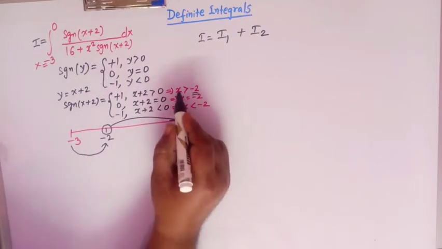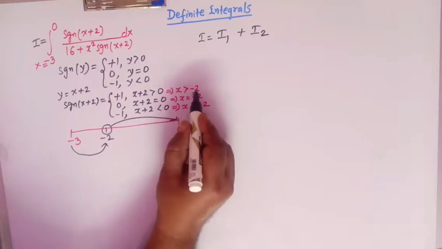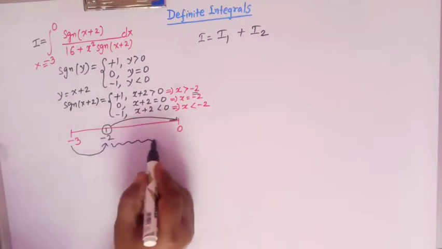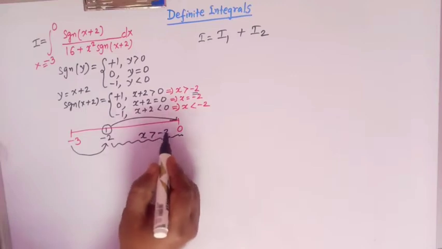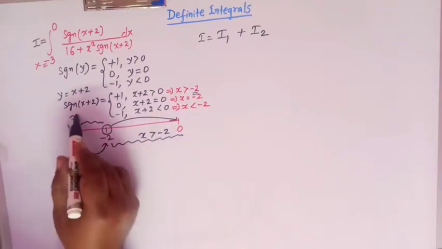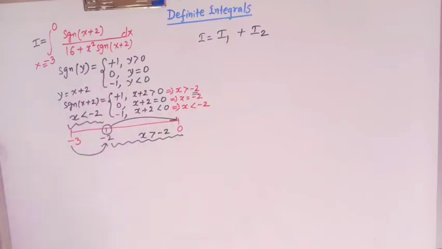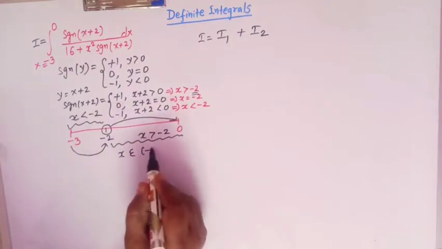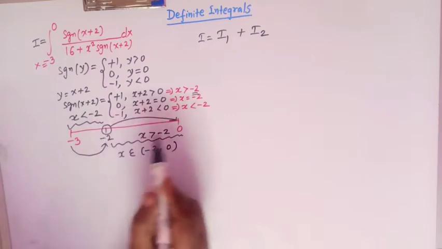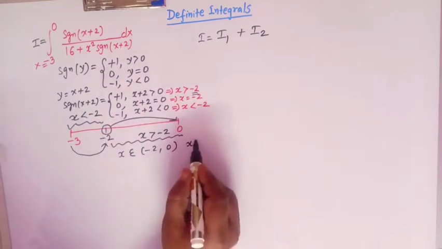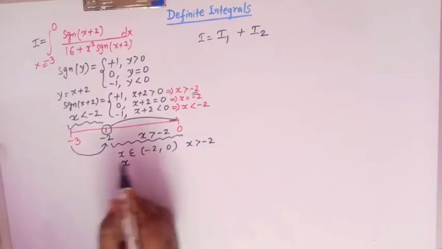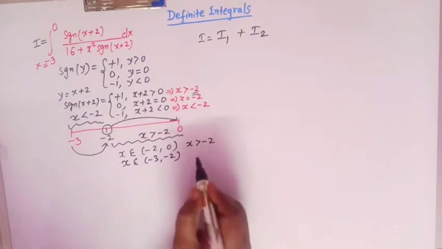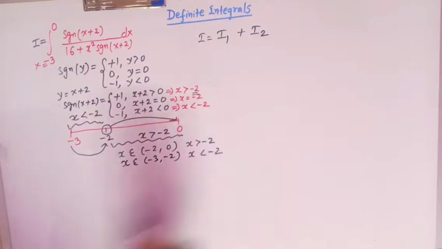In the interval from -2 to 0, x is greater than -2, and in the interval from -3 to -2, x is obviously less than -2.